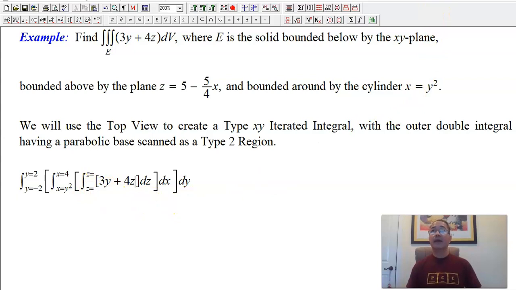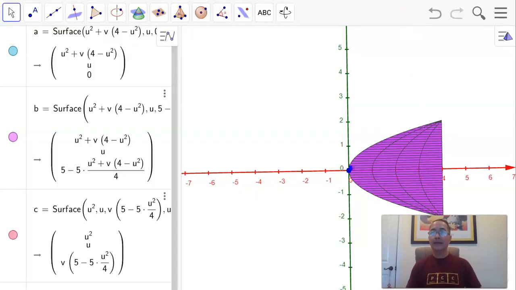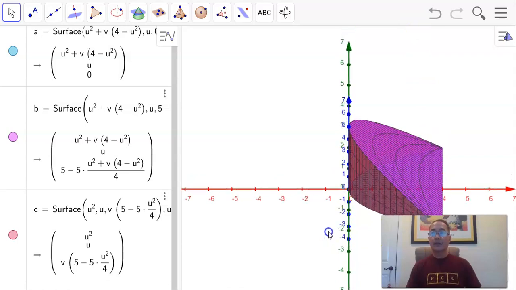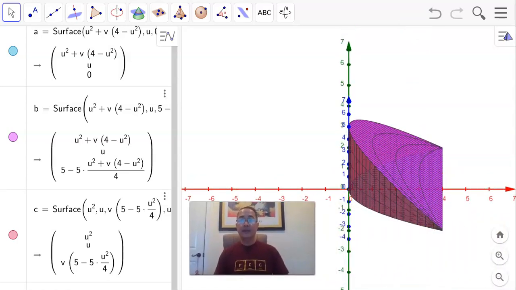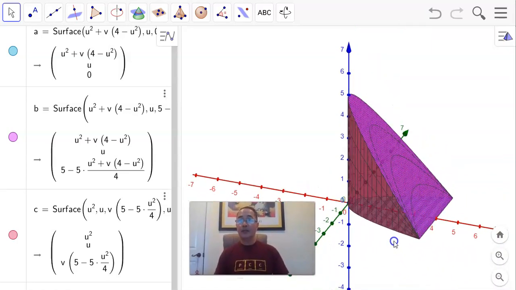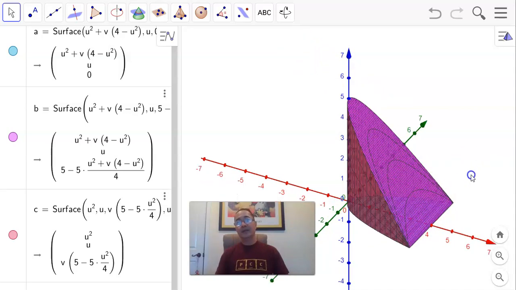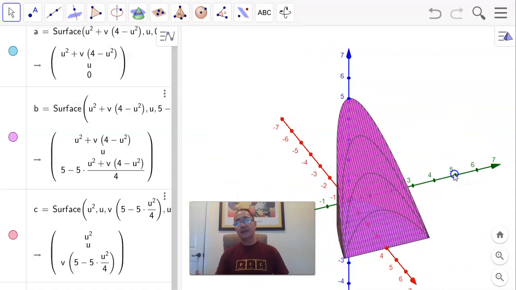Let's go back to our diagram, and there it is. It's a type XY solid. We need to shoot arrows from the bottom to the top. So we are Superman, flying up here with the x-axis to our right and our y-axis forward. The arrows are going from low to high, approaching us.